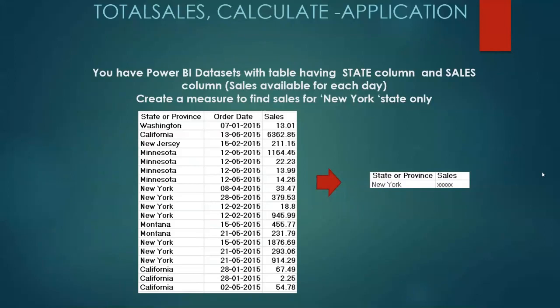And if you have been asked to create a measure to find sales for any particular state, how can you find it? If this kind of scenario comes, how can we solve this problem?